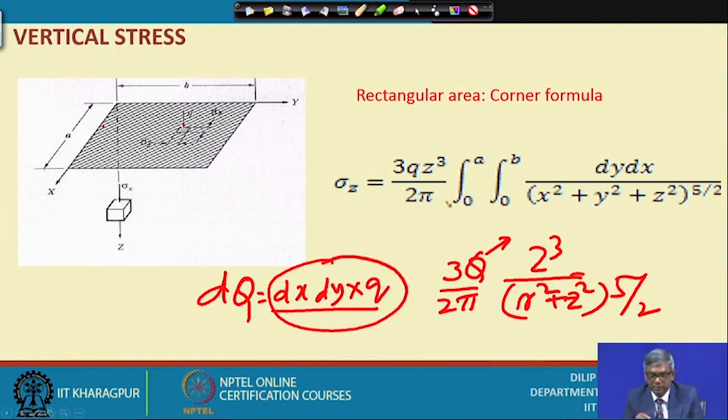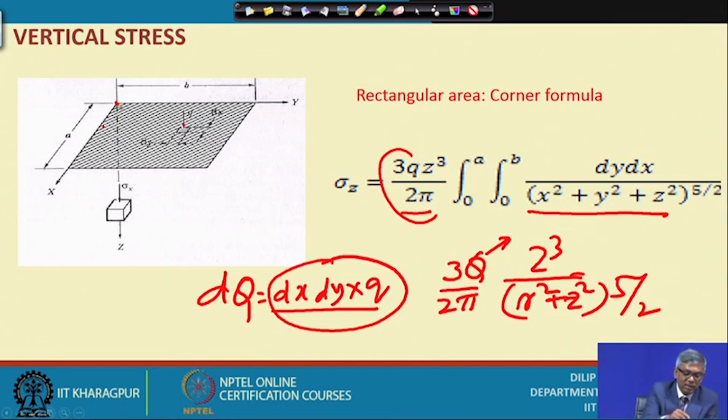If you substitute this, you can see 3q by 2 pi will be there, z cube also will be there, and the integral dy dx. Here, instead of r square plus z square, going back to coordinates, r is nothing but the square root of x square plus y square. If I substitute r by x and y, it will be the square root of x square plus y square, plus z square, and that is the algebraic function we get, which has to be integrated.